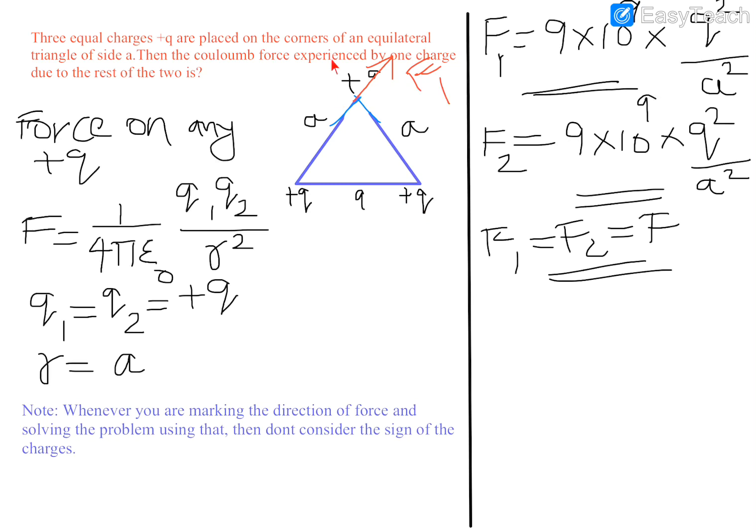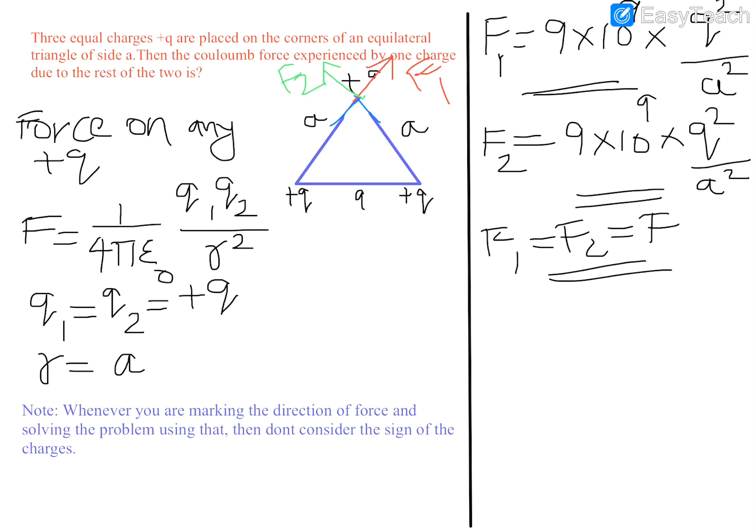This is a positive charge, this is also a positive charge. So there will be a repulsive force. That means because of the repulsive force, the force will not be in this direction, but it will be in this direction. I hope it is clear. So force will be in this direction. You can draw the direction. That is the force due to the other plus Q. So this is F2.